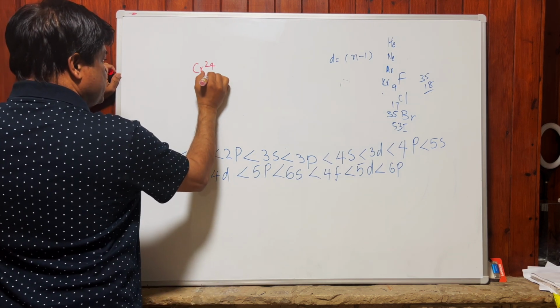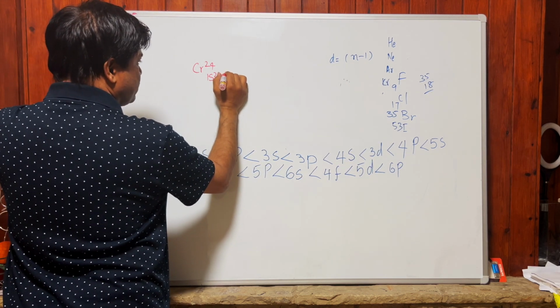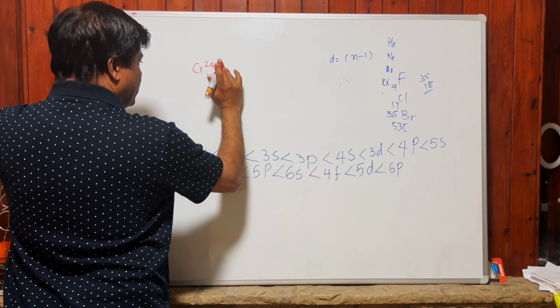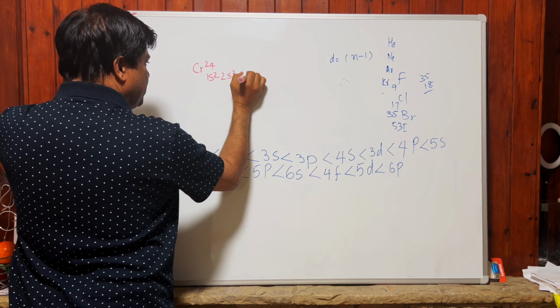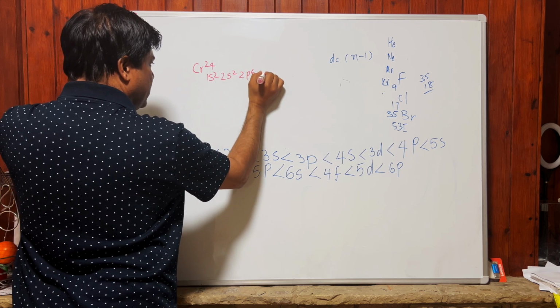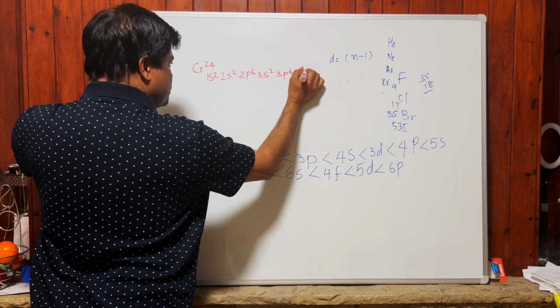Electronic configuration of chromium, Cr24: 1s2, even you can write argon 18, but I want to start like this: 1s2, 2s2, 2p6, 10, 3s2, 3p6, 18, 4s2.